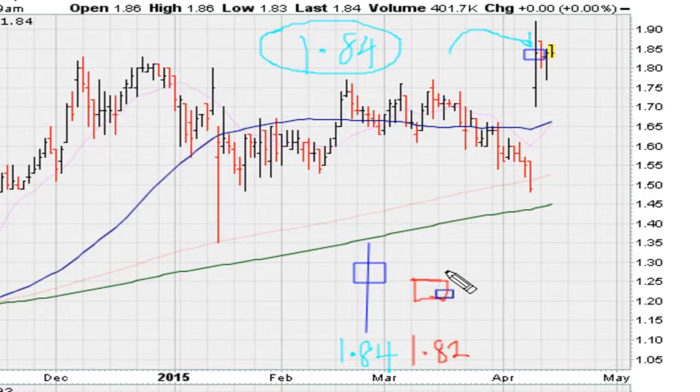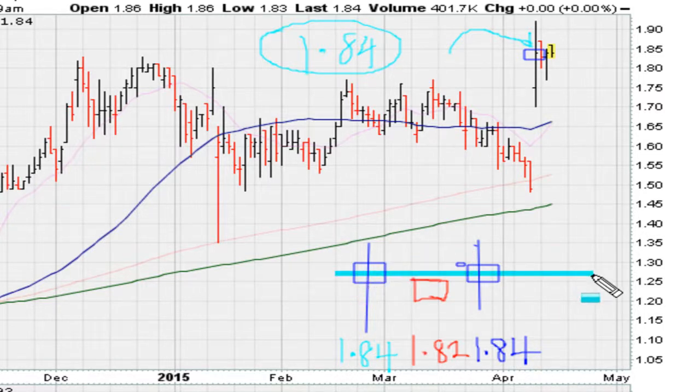Day number 3, we close again at the same level, 1.84. So the question is, is this the minimum 2 days of rest? And the answer, like I said, was yes. Why? Because it has not closed above 1.84. And so anything at 1.84 or below suggests that this is 2 days of rest.